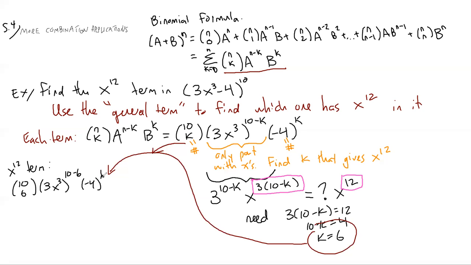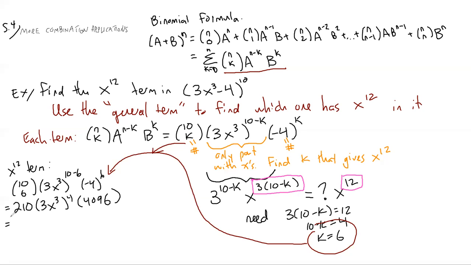So 10 choose 6 is 210. And I'll get 3x cubed to the 4. And 4 to the 6 is 4096. The negative is going to vanish with the even power.